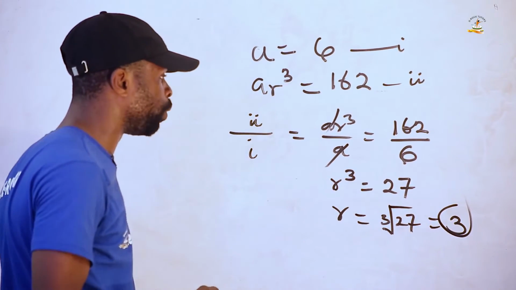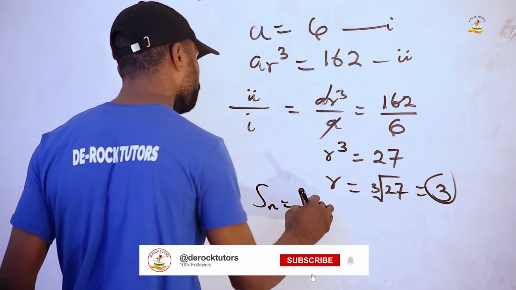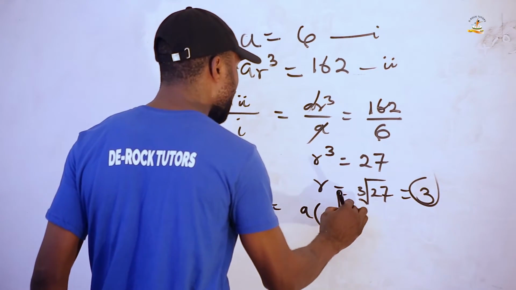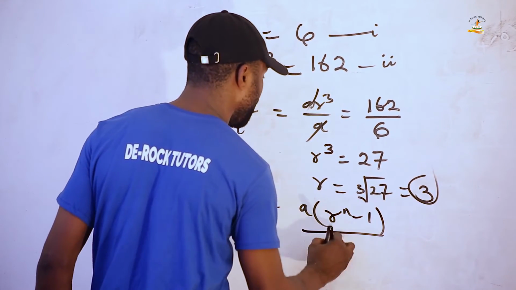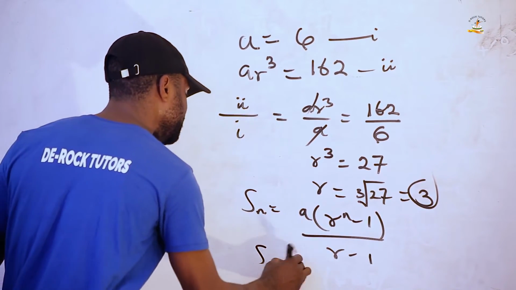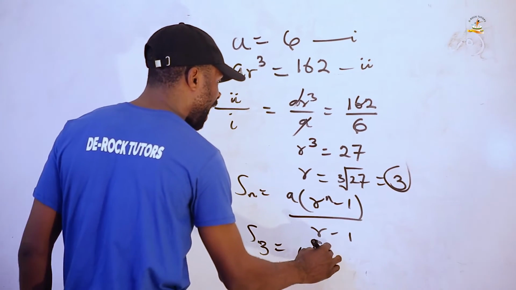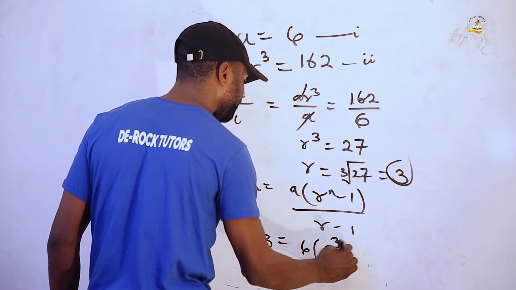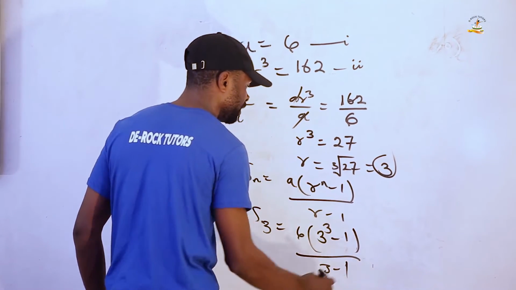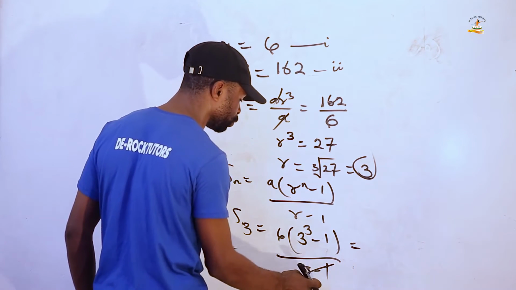Since R is greater than 1, we proceed to apply Sn equal to A into R to the n minus 1 over R minus 1. Therefore, S3 is equal to the first term, 6, into 3 raised to power 3 minus 1 over 3 minus 1, which will give us here 2. This is 3 minus 1, which is 2.